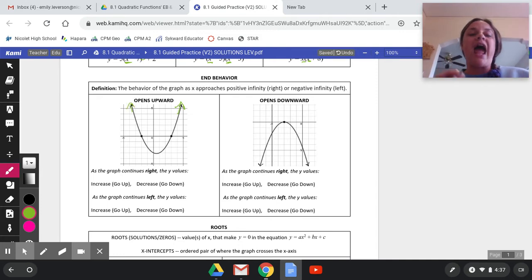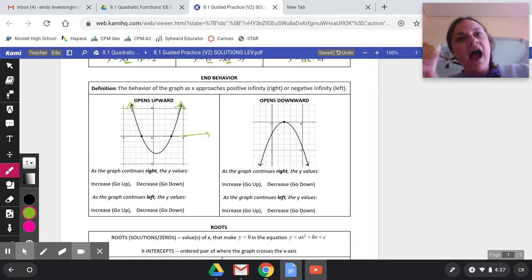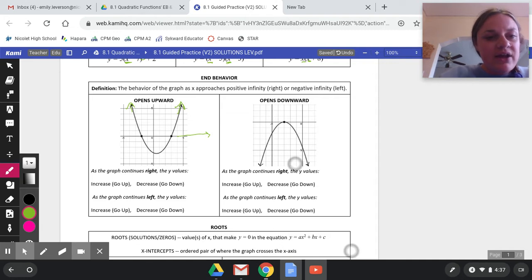So when we talk about end behavior of a polynomial, or just end behavior of a function, we talk about it in terms of the left side of the graph and the right side of the graph. On the right side of the graph, your x values are going higher, closer to positive infinity. And on the left side, they are going towards negative infinity.